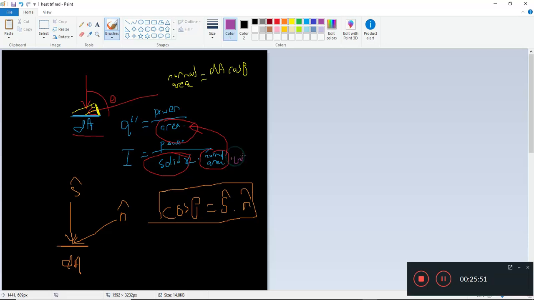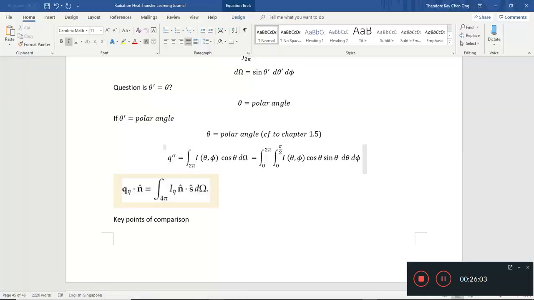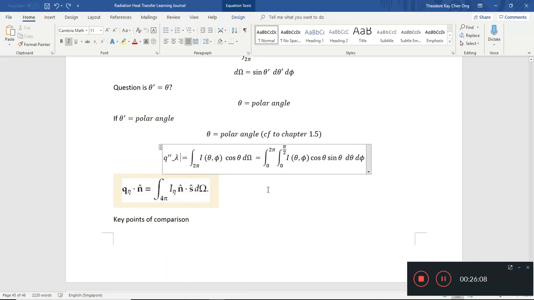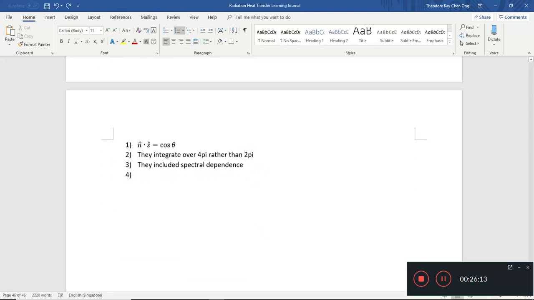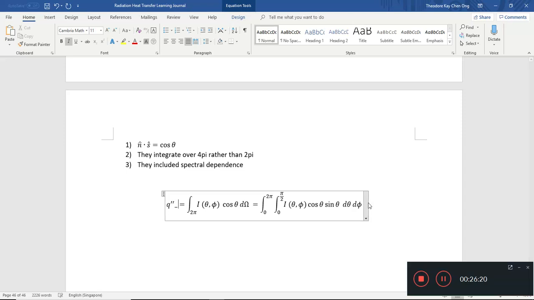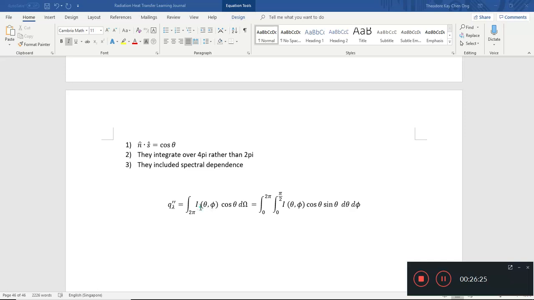So let's say there's a wavelength dependence here. There should also be a wavelength dependence here. Otherwise the equation more or less stays the same. So I put a lambda here to indicate that this depends on the spectrum.